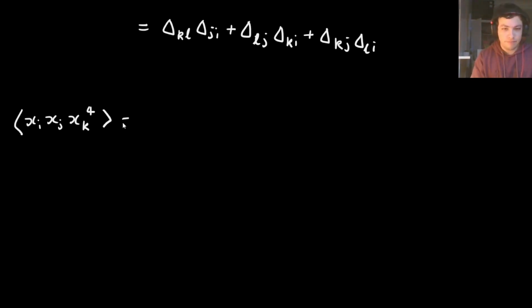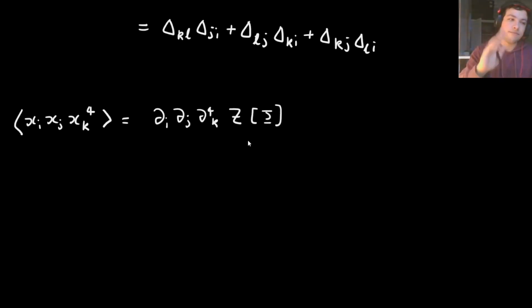It makes this whole thing quicker. So we're going to say this is ∂_i ∂_j ∂_k^4 Z(J), and obviously this is divided by Z_0. It's evaluated at J equals 0, but we're ignoring that for now, which is ∂_i ∂_j ∂_k^3.